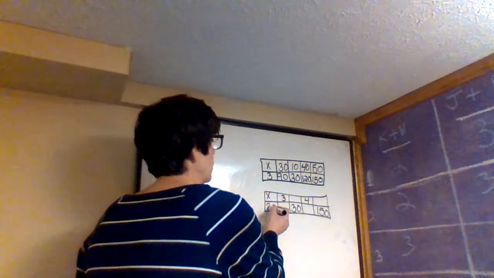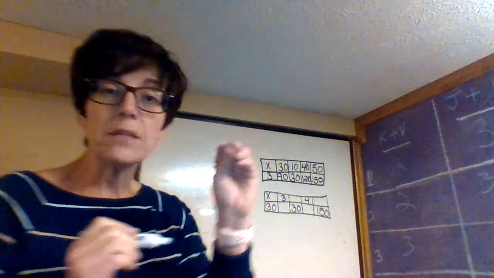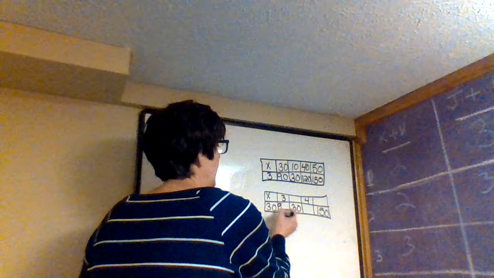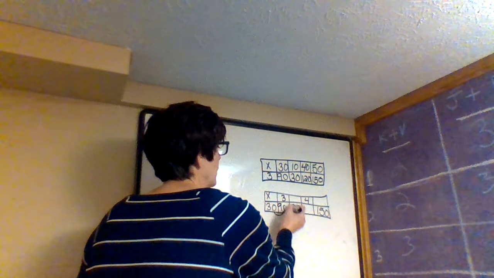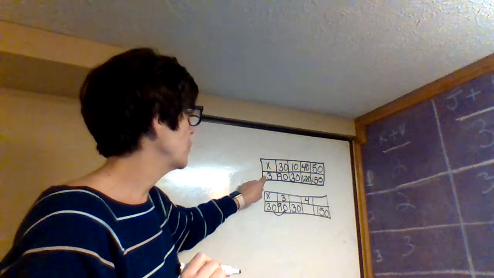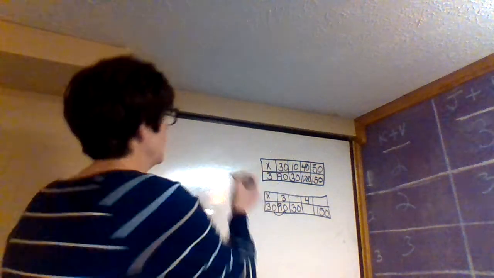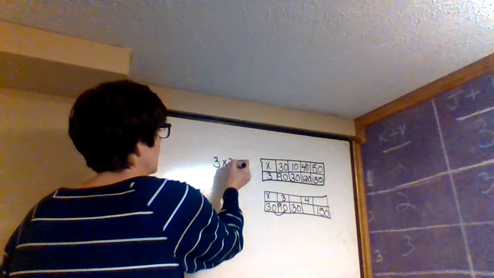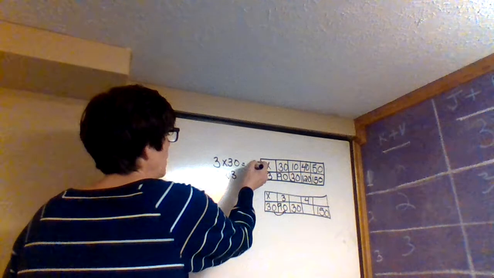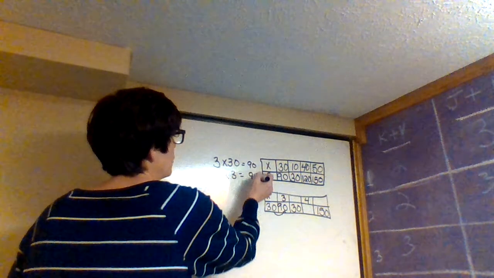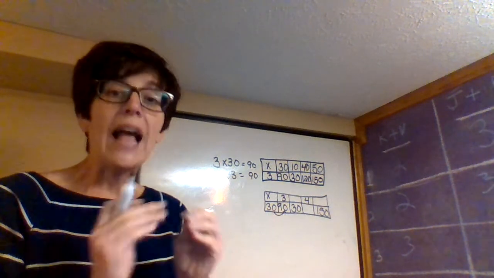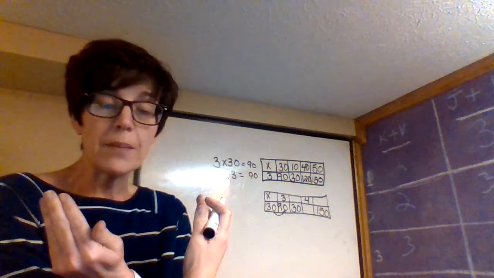So again, my small fact inside my little fact, 3 times 3 is 9. And I bring my 0 over, 90. Oh, look at that. 3 times 30, or 30 times 3, both will give me the product of 90.